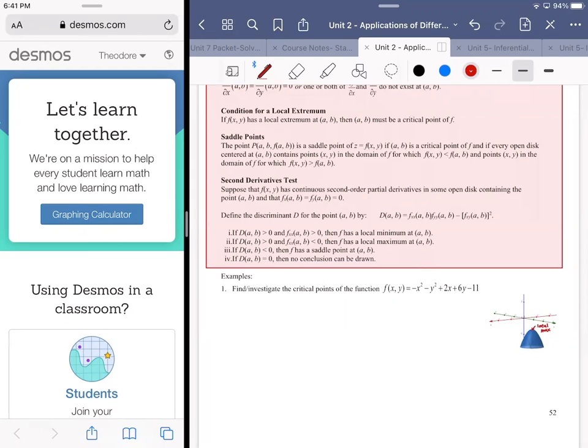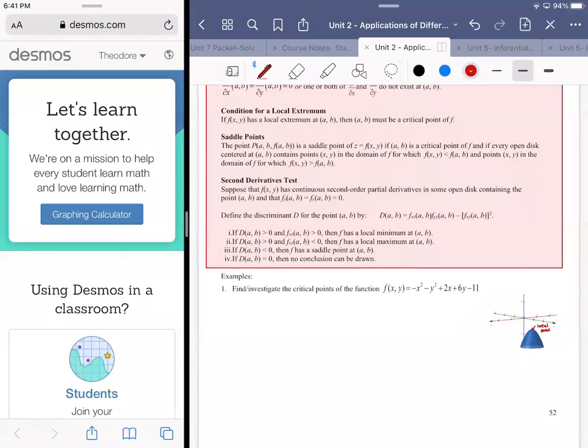But that discriminant helps us determine, if we categorize it the right way, whether or not we're dealing with a local max or a relative max, a local min or a relative min, or a saddle point. The definition's right there, but if you understand that definition at first glance without any additional research, I mean, that's a classic textbook definition.